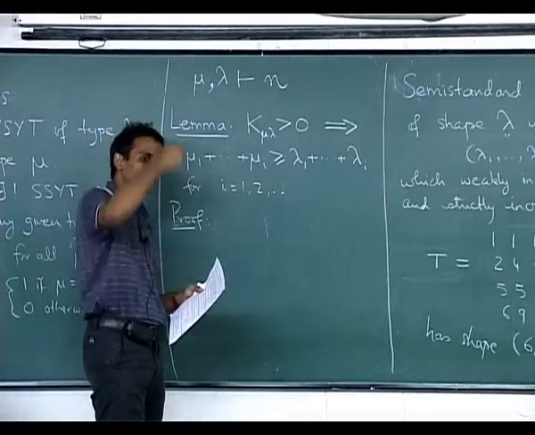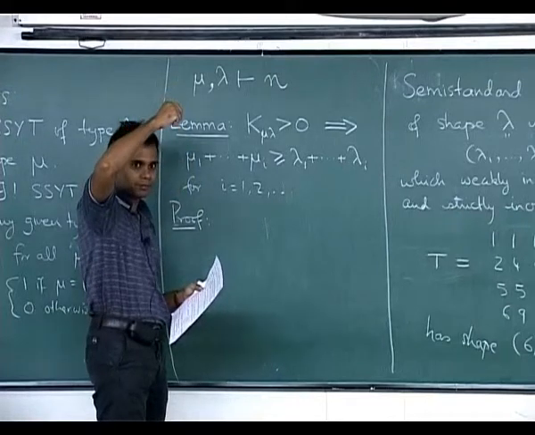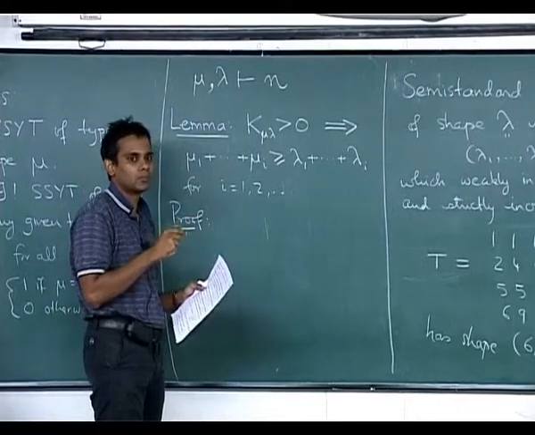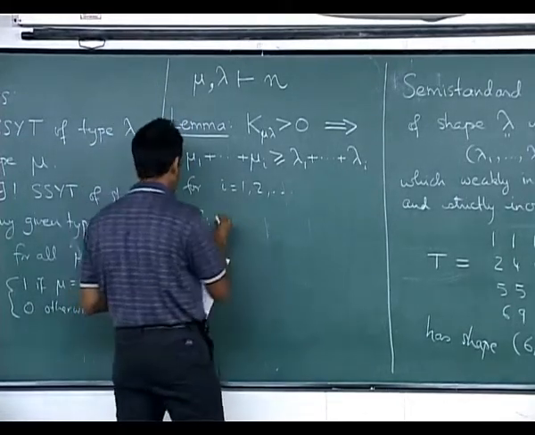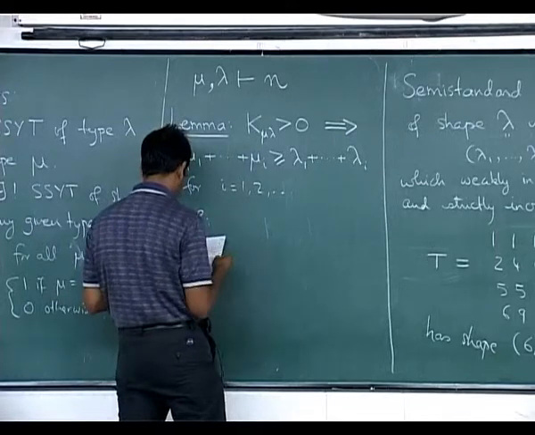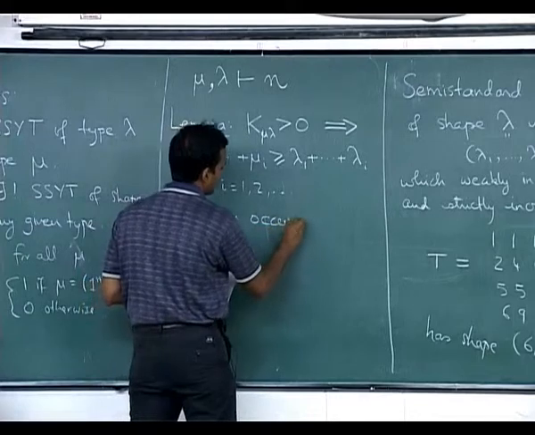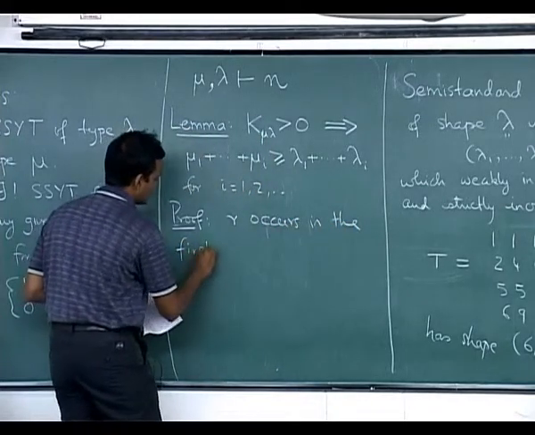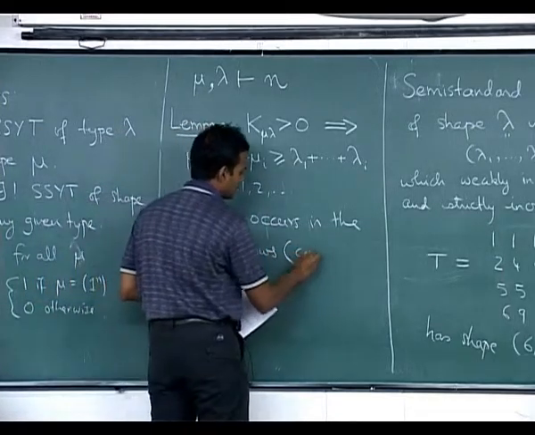So there can be at most r minus 1 boxes above a place where r occurs. So r occurs in the first r rows because columns are strictly increasing.